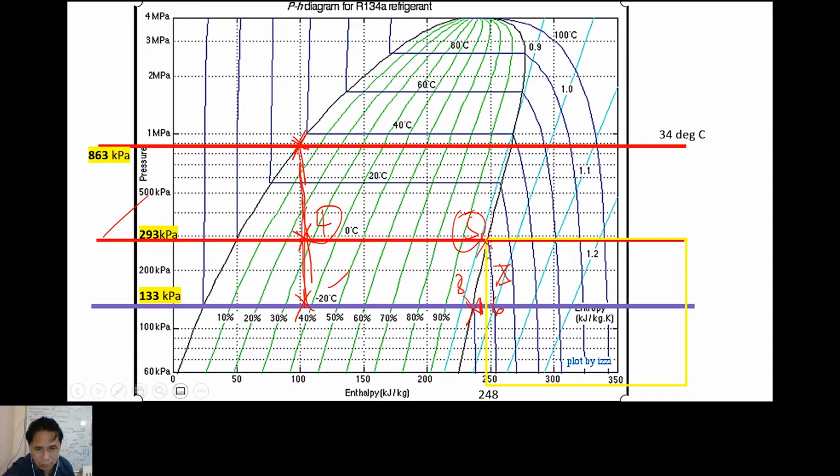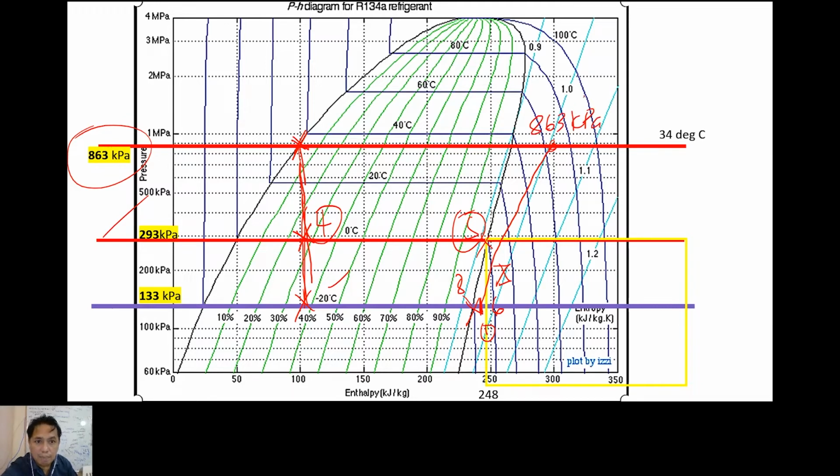Between 5 and 6. So from 1, which is also superheated at this point, papunta sa 2. Somewhere here yung 2. Nandito, no? Kasi you will get a constant entropy. Tapos, you will be given pressure. Ito, 863 kilopascal.